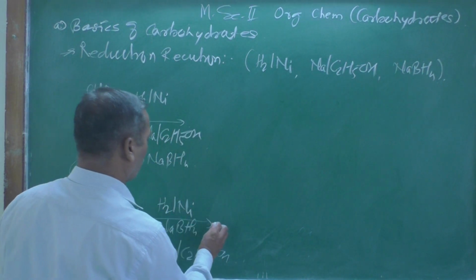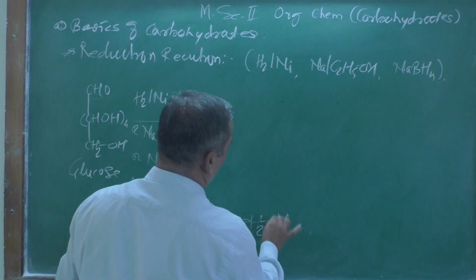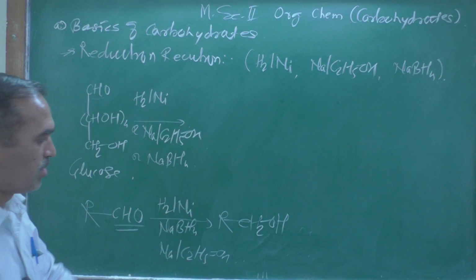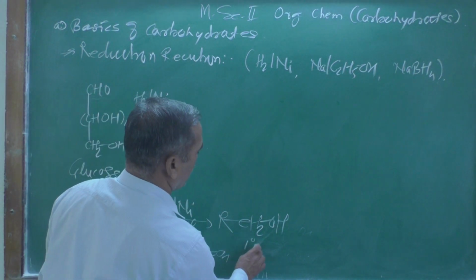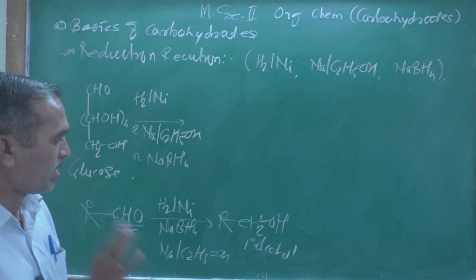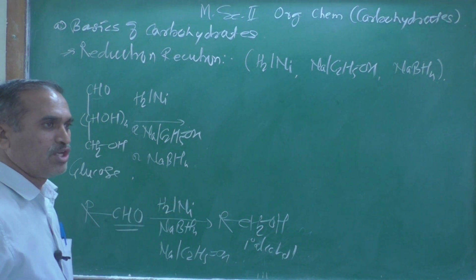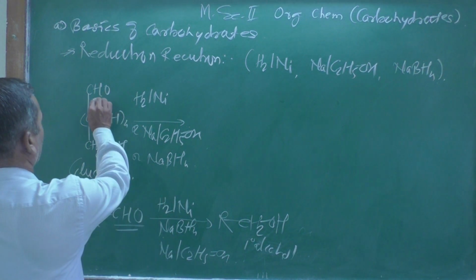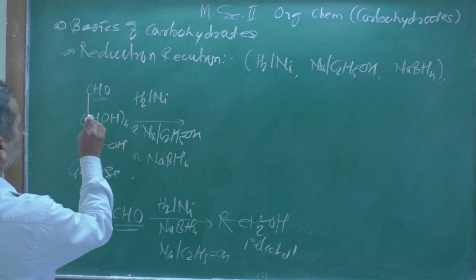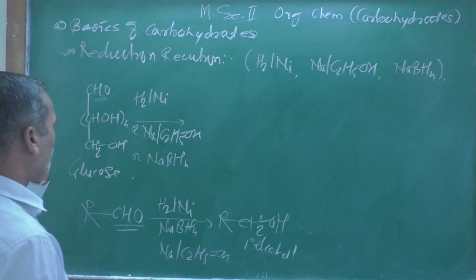Generally what it will do is reduce, and as I already told you, the aldehyde group is converted into a primary alcohol. So this is the general reaction that takes place with these three different reducing reagents. If you look at this glucose molecule carefully, what do you see?